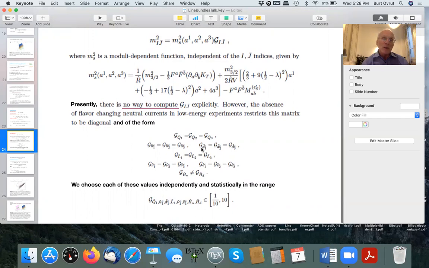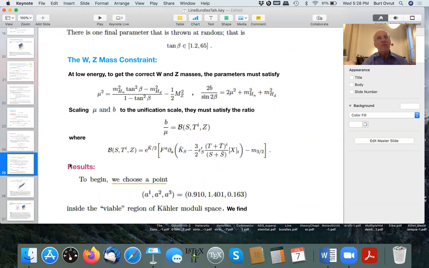So we're going to statistically throw each one of these individually in the range between 1/10 and 10. So there's a huge computational issue, but we will do that. There's another final parameter we don't know, which is tan beta. We'll throw that at random as well between 1.2 and 65.